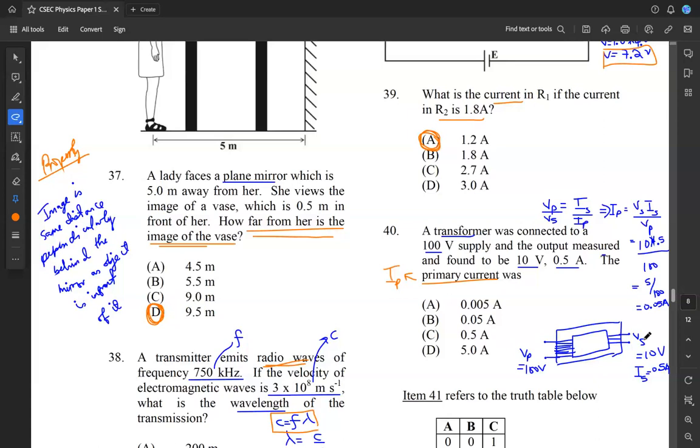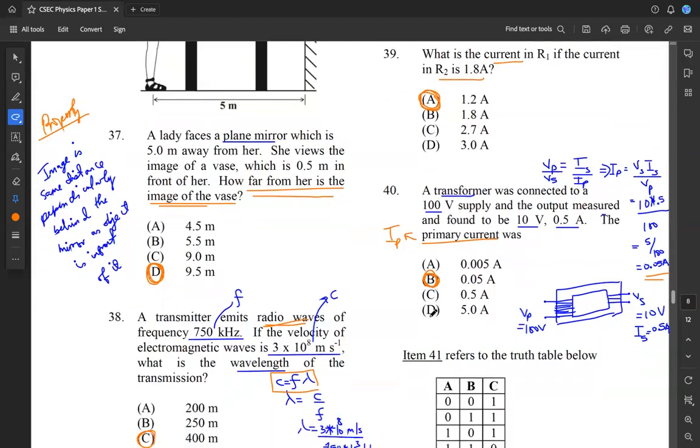The voltage in the secondary coil is 10 volts, the current in the secondary coil is 0.5, and the voltage of the primary coil was 100. That's what we started with, okay? So when we do that, we come out with IP, the primary current, being 0.05 amperes. We look for that among our answers, and that is B. So our answer for 40 is B.